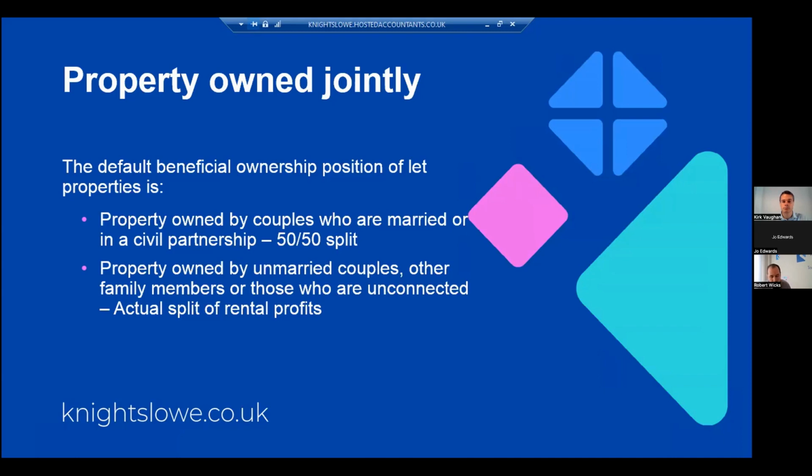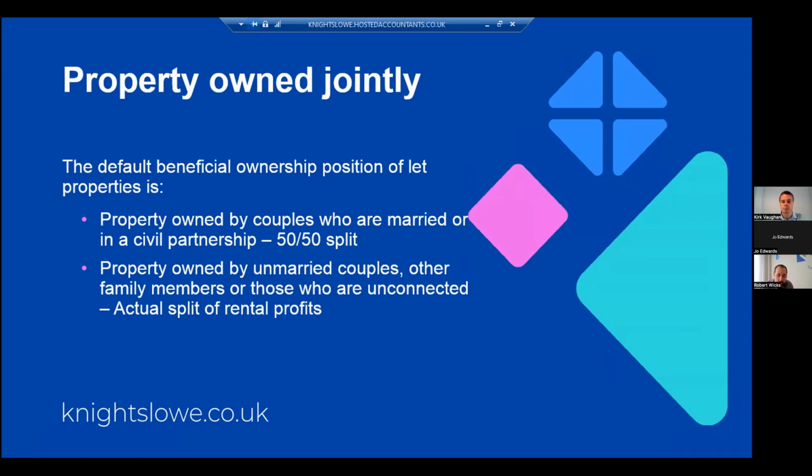This is how the money is received by each individual of the two people in the partnership. That can obviously be controlled quite easily. You probably have different bank accounts, or you may have an agent who can split the money between you when they're paying it out. So that's usually quite easy to control.